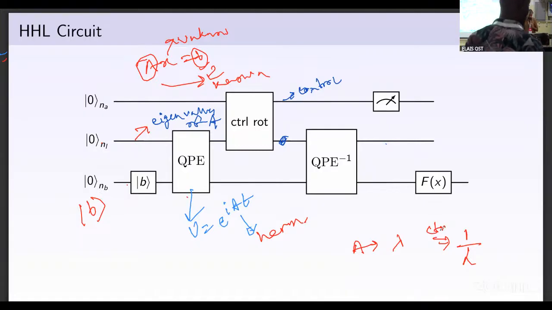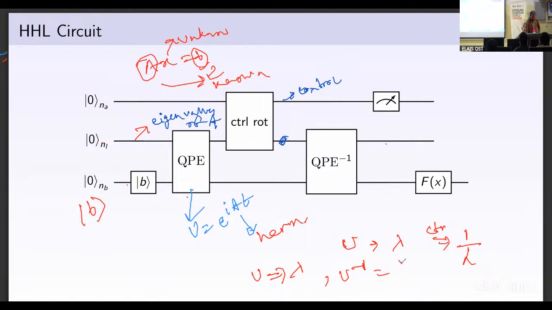And as exponential of iAt is a unitary operator, we know the relation between the eigenvalues of a unitary operator and the eigenvalues of the inverse of the unitary operator. So this should not be A, sorry, this should be U. Using the property of unitary operators, if the eigenvalues of U is lambda, then the eigenvalues of U inverse will be lambda inverse, equal to 1 by lambda.